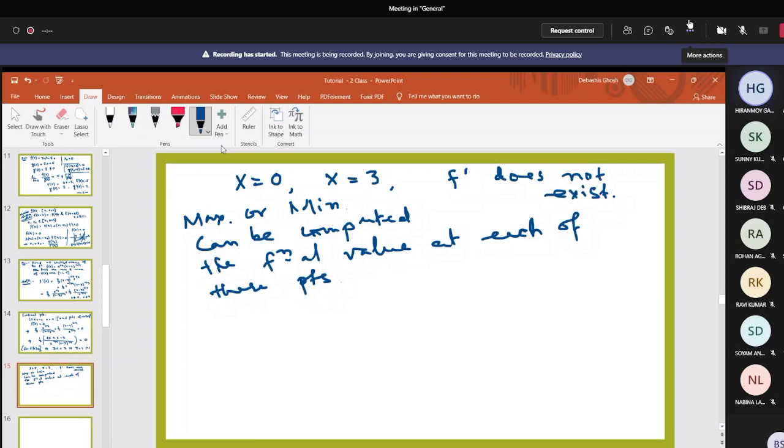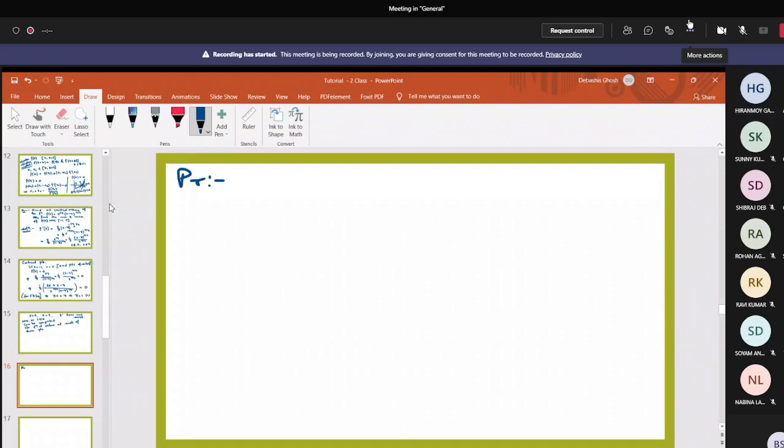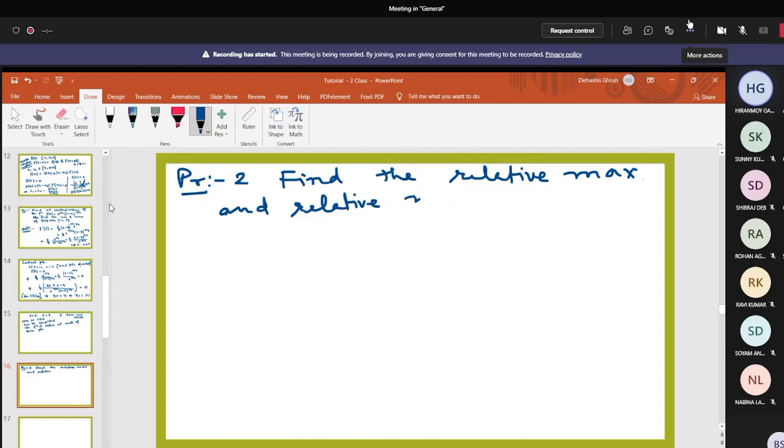Okay, we come to the next problem. So we consider the function: find the relative maximum and relative minimum of f defined by f(x) equals x plus 1 by x.